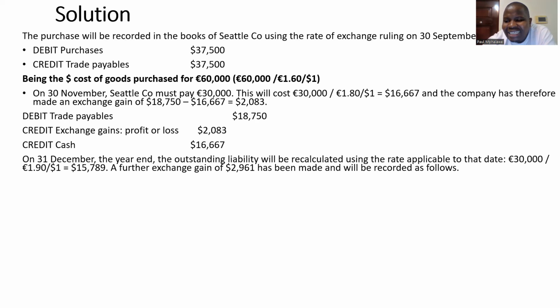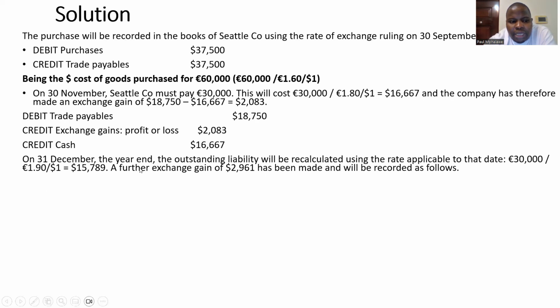On 31st December, that is the year end, the outstanding liability will be recalculated using the rate applicable on that date. The 30,000 euros will be translated at 1.9, the rate at 31st December, that is 15,789. A further exchange gain of 2,961.